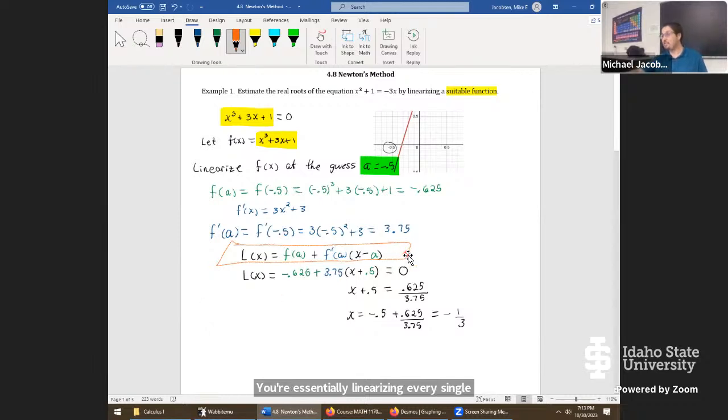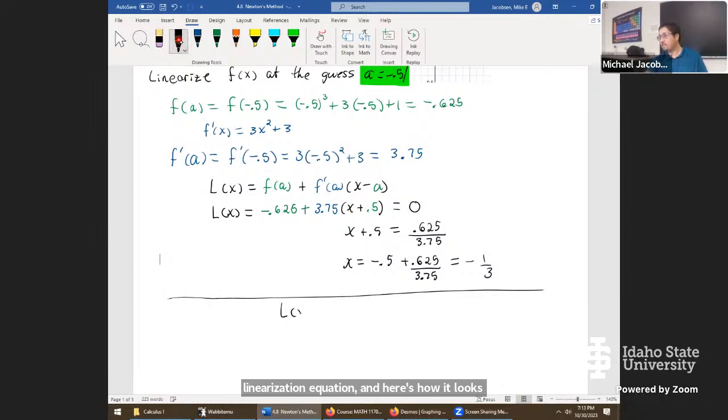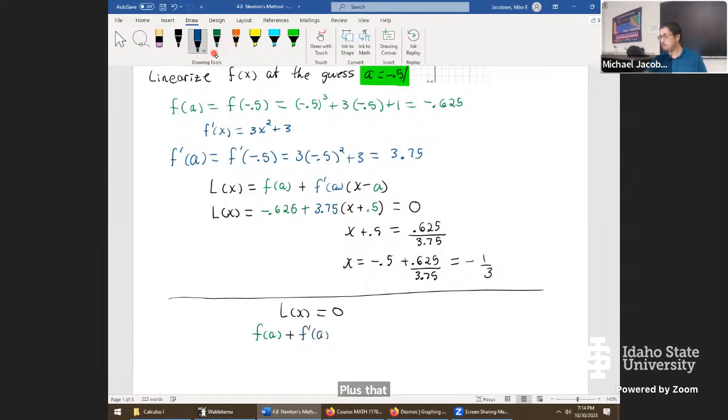So here's what Newton did. He took this, he's going to set that one to 0 and solve the linearization equation. And here's how it looks. L of x, now set to 0, would mean the linearization goes f of a plus f prime at a times x minus a, now set to 0.